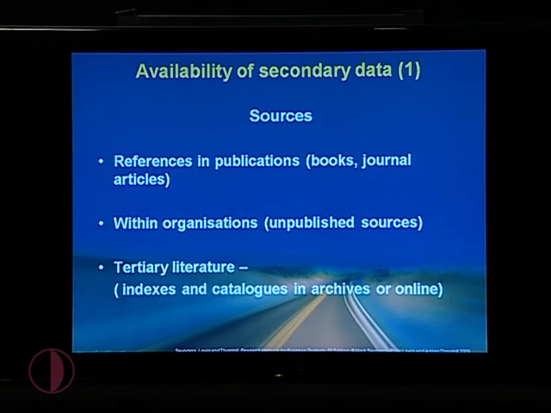References in publications like books, journals, and articles. When you refer to the references, they will show from where they obtained some information, and you can go for more extra information within the organization. Some unpublished works or sources will be found in the organization.